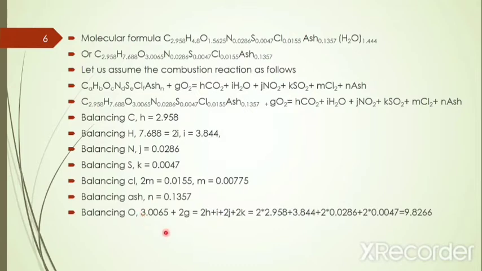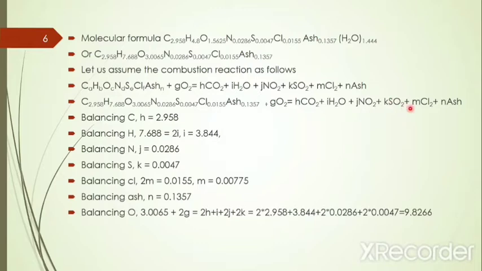So what will be the oxygen balancing? Here we have 3.0065 oxygen atoms, plus 2G moles of oxygen atoms. So 2G is equal to, first term carbon dioxide, we have 2H moles of oxygen atom, so 2H, plus in water we have I moles of oxygen atom, so plus I. Nitrogen dioxide we have 2J moles of oxygen atom, so plus 2J.